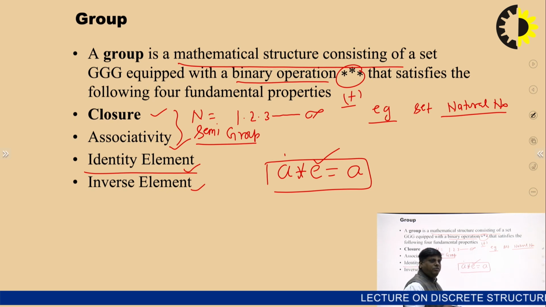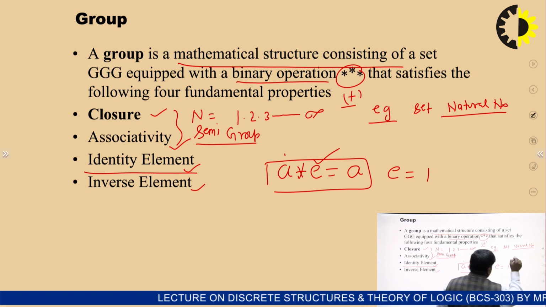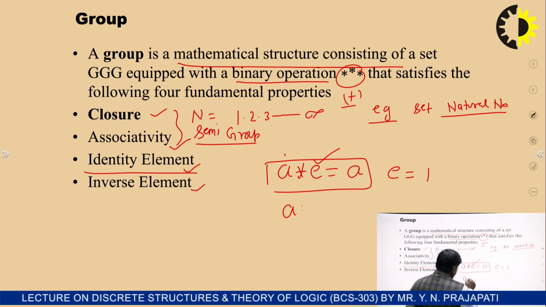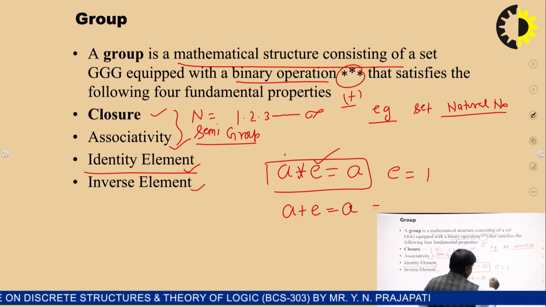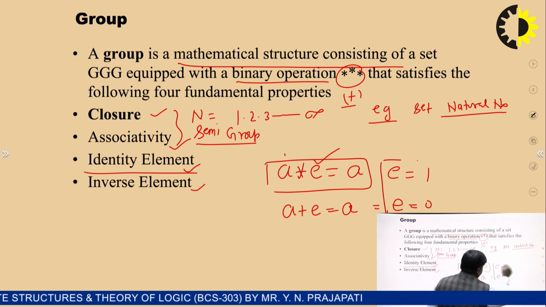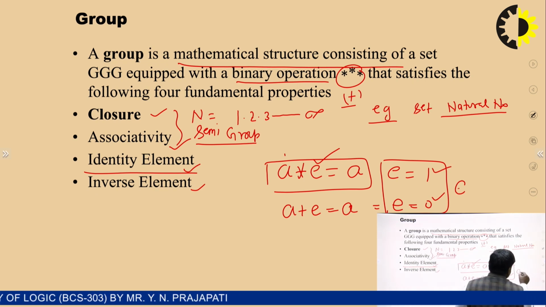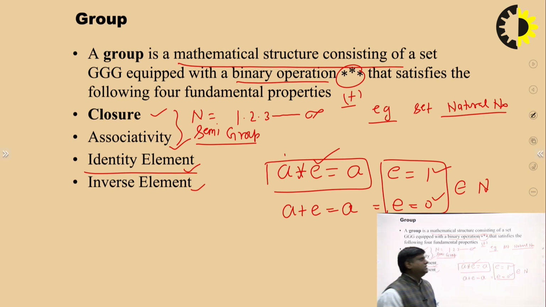It means by default, for the multiplication operation, the identity element is always 1, and for the plus operation, the identity element is always 0, and these should also belong to the same set, then we can say that the algebraic structure follows the identity property.